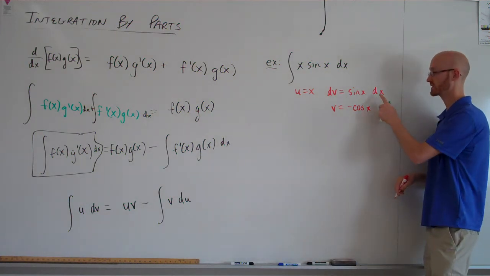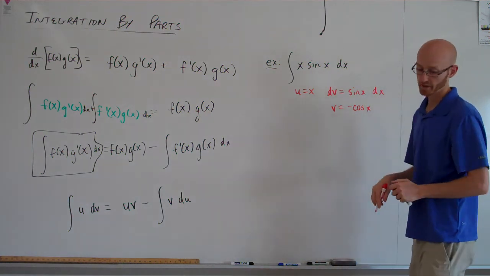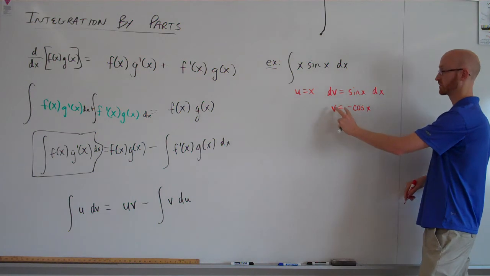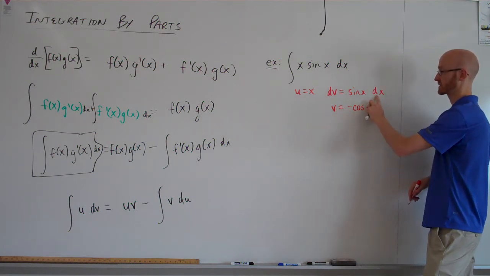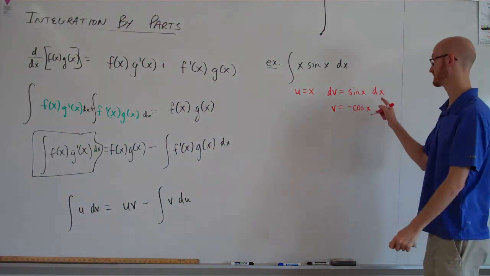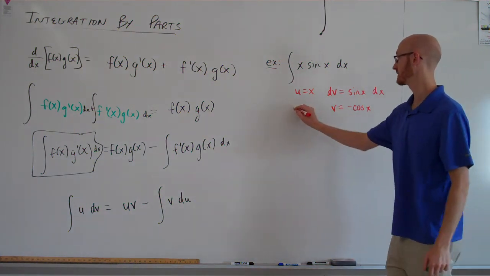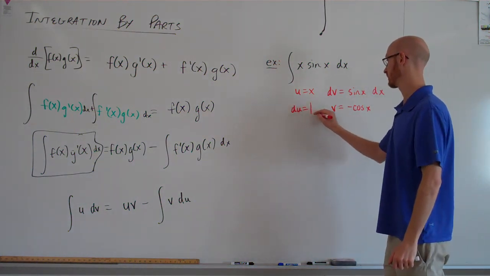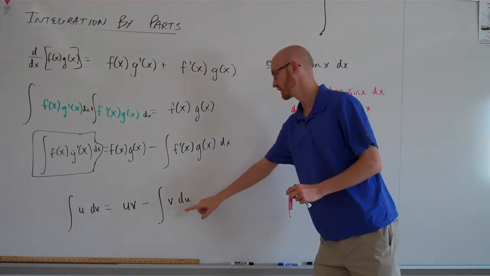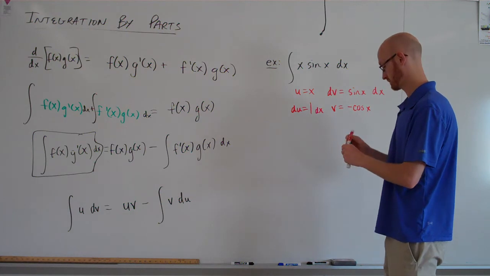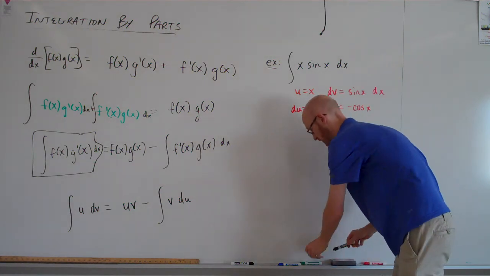And if you're wondering why isn't there a dx there, well, that's because when you take the derivative of v with respect to x, right, we get a dx over here. And then du would equal 1 dx. And so now we're going to use this and pick up with the rest of our question.